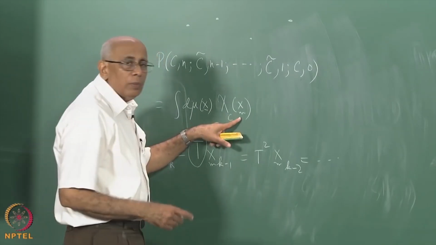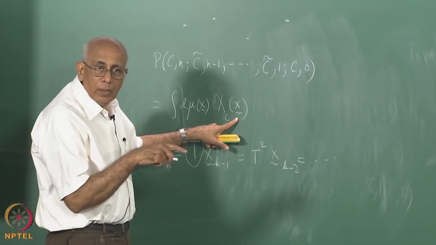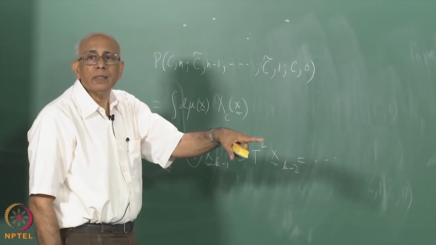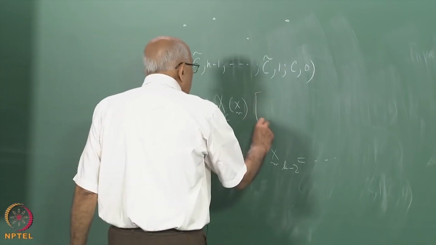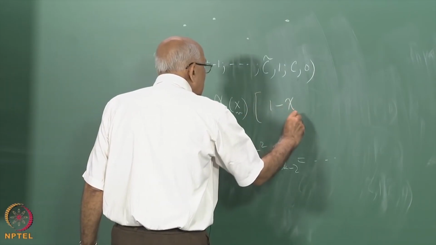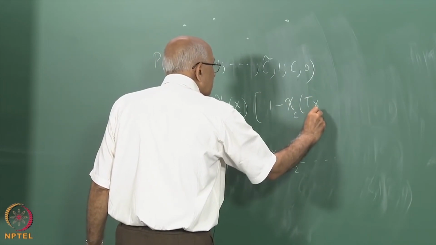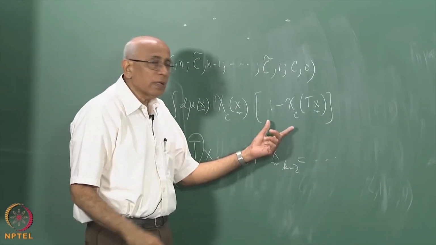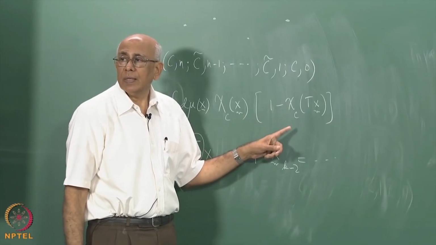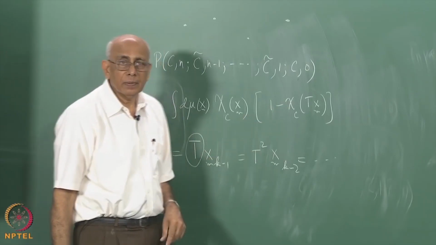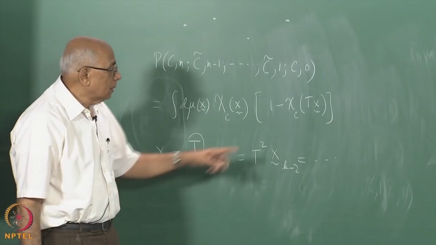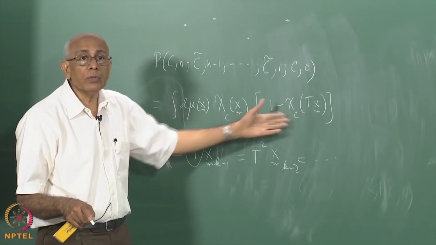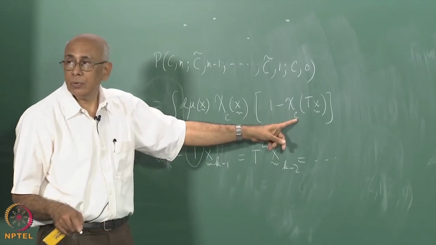So we have ensured by this that the starting point is inside C, but in the first step it should be outside C. Therefore the next factor is 1 minus chi c of T on x. This is the indicator function of the complement of C. Okay. So if Tx is inside C, this is going to give you 0, because 1 minus 1 gives you 0.